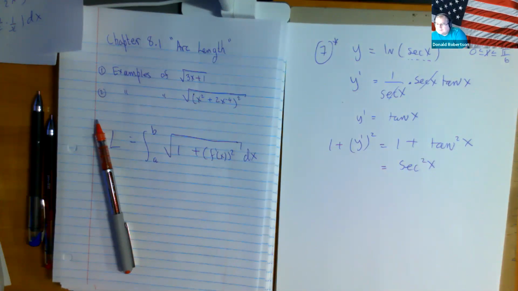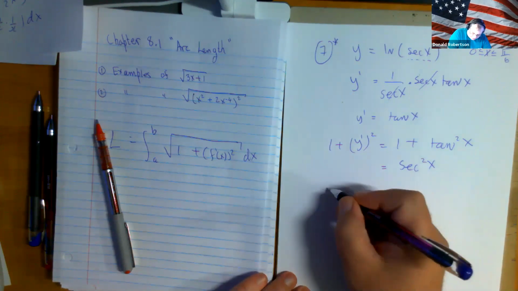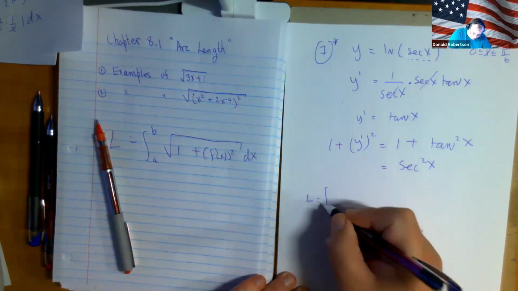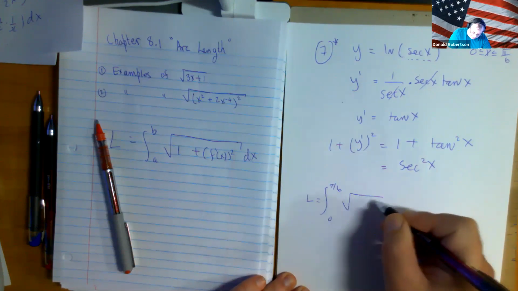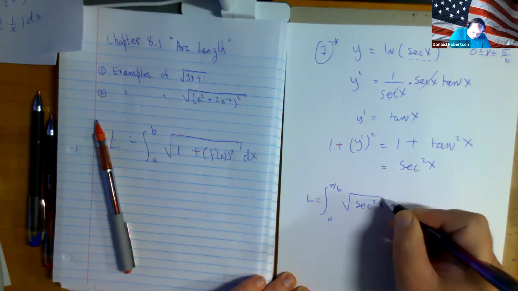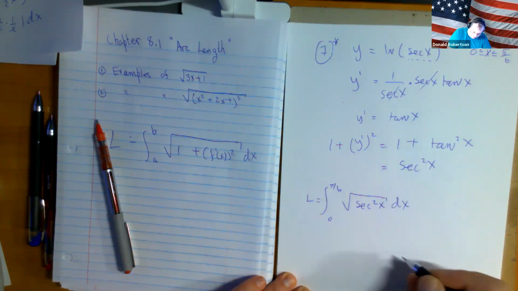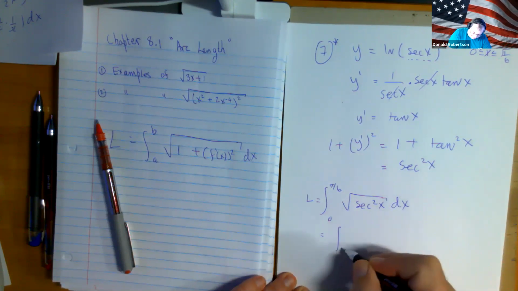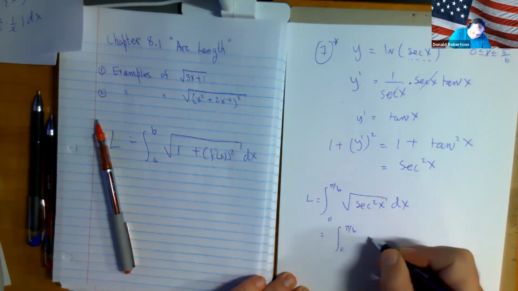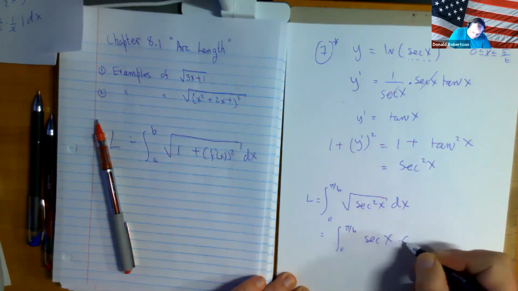Trig does that, doesn't it? Trig has its own world, its own rules. You've got to figure out identities, which means that we can now get the arc length. It's going to be the integral from 0 to pi upon 6 of the square root of secant squared dx, which is the integral from 0 to pi upon 6 of secant x dx.